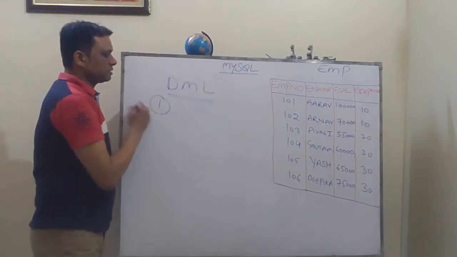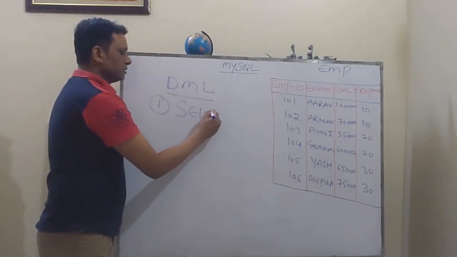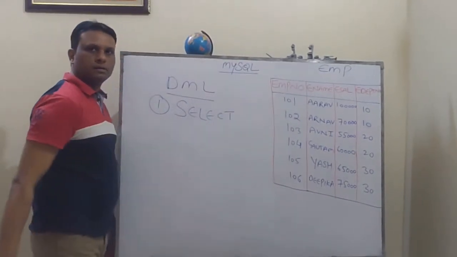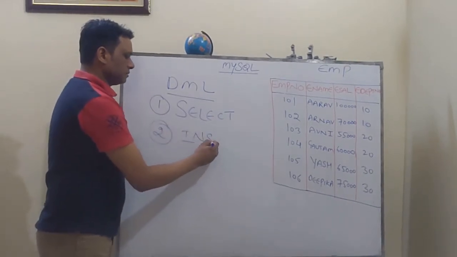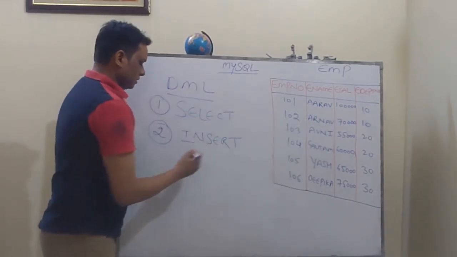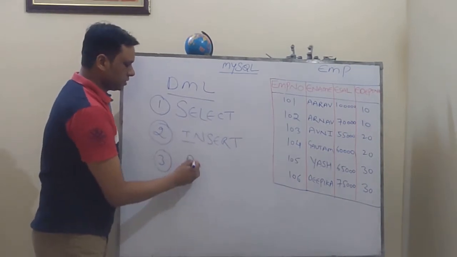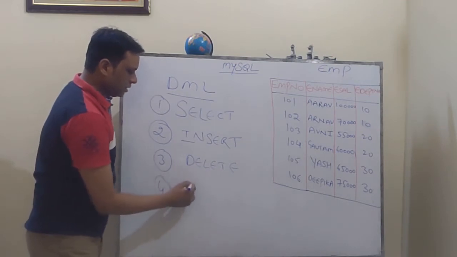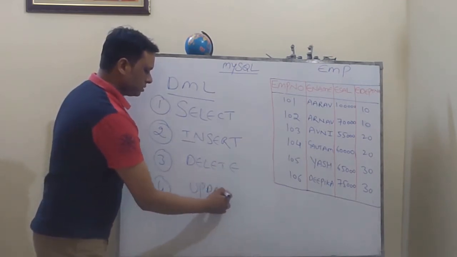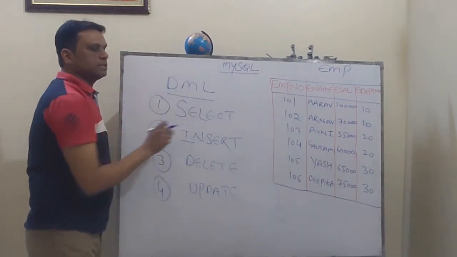The first one is select. The second one is insert. Third one is delete. And the fourth one is update. There are four commands in DML.